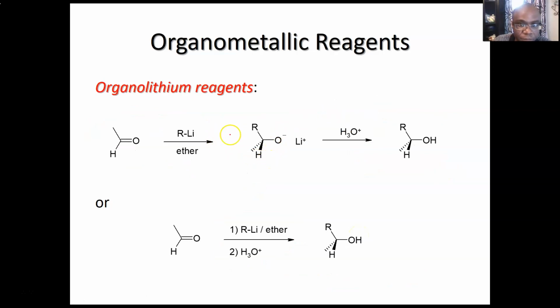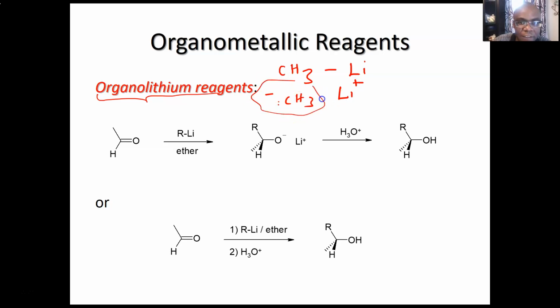Now, organolithium reagents follow the same concept. Specifically, if you have, let's say, a CH3 and a lithium, of course, lithium is a metal, so it will be positively charged, and the CH3 will be negatively charged. Just like Grignards, this is what we want. We disregard the Li+.